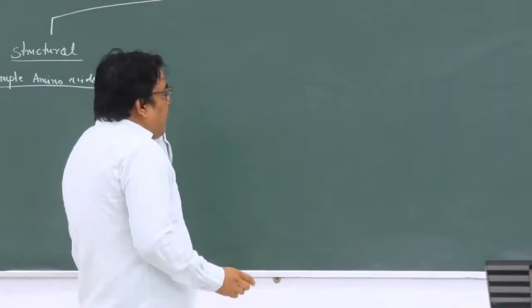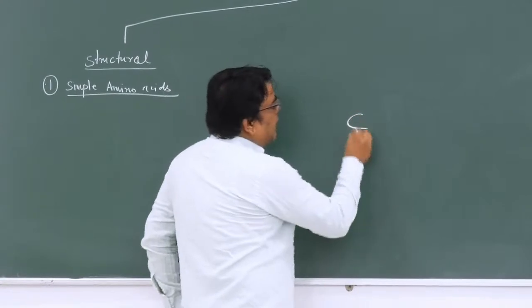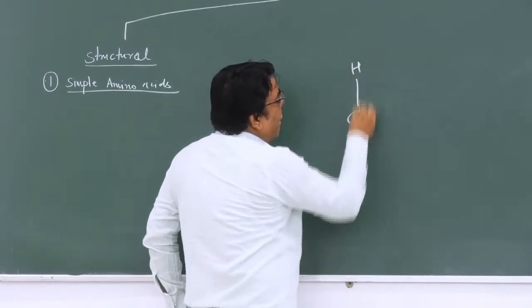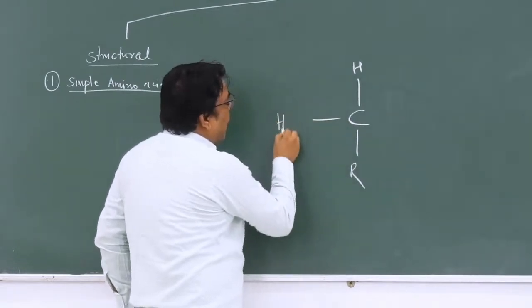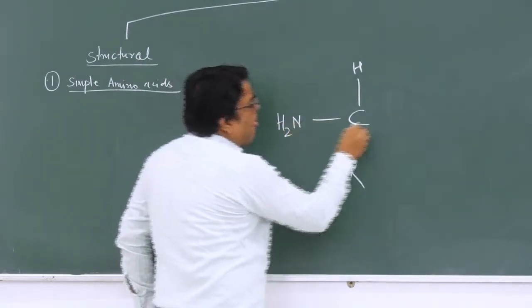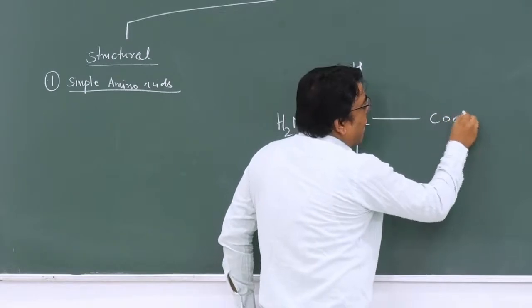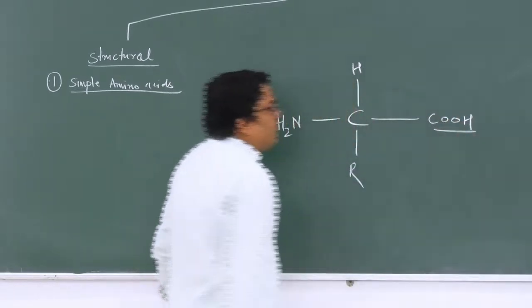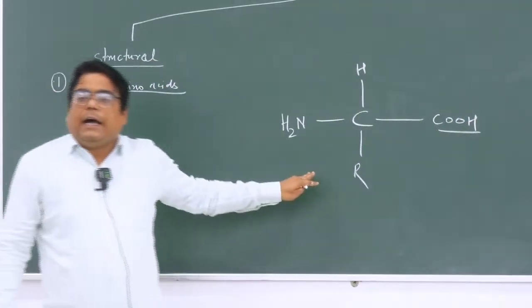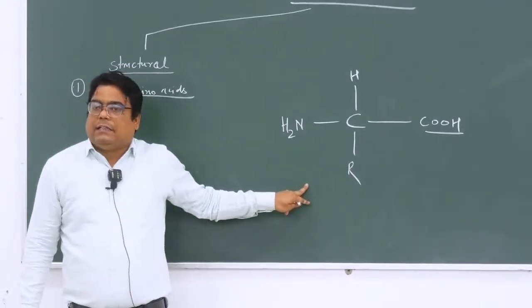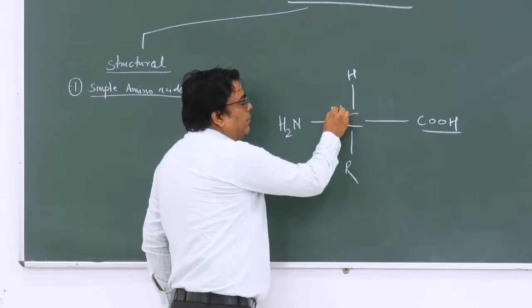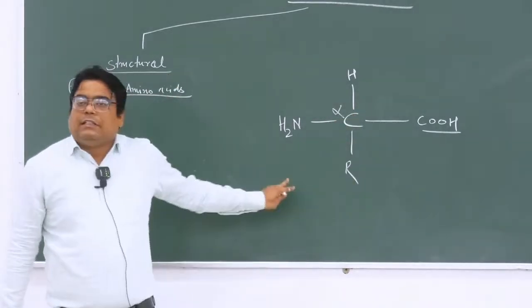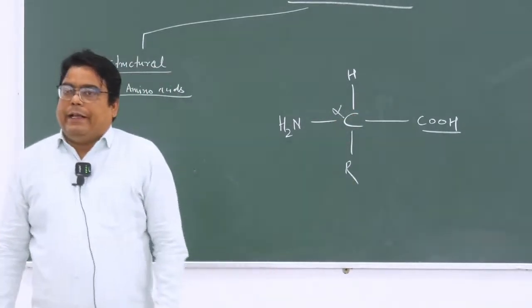When you see the structure of an amino acid, it contains a chiral carbon atom. This is a simple amino acid structure. We call it the alpha carbon atom. Okay, so this is the simple amino acid.